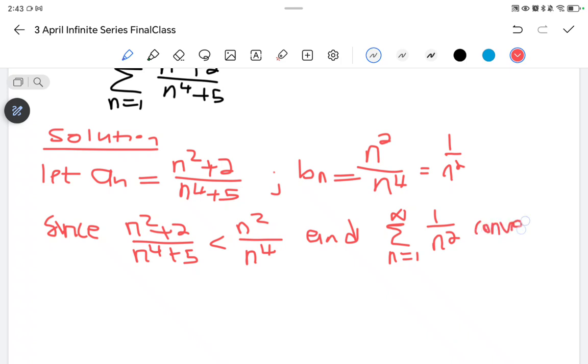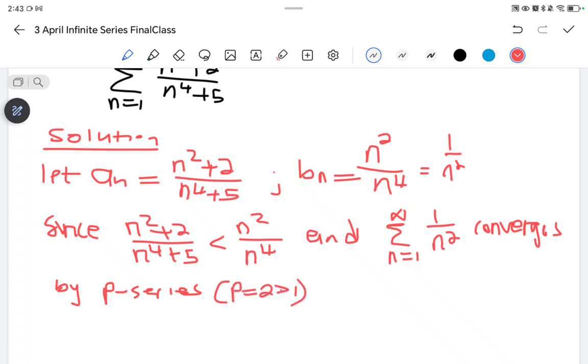converges. If I look at it, I just examined it, it converges by P series, such that P is equal to 2, which is greater than 1.